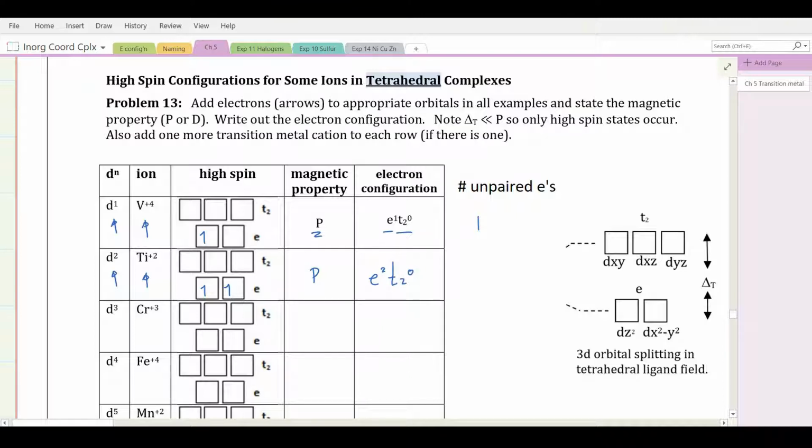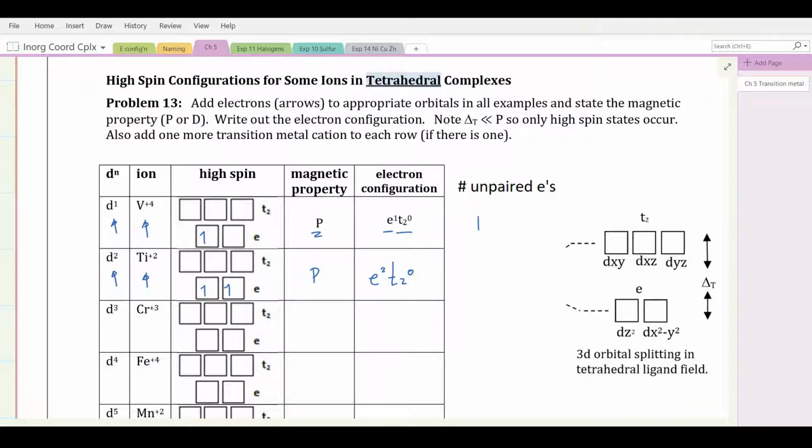Just keep in mind as you do this that all of the electron configurations are designated as high spin. The field splitting energy of a tetrahedral complex is so small that all of the d orbitals will be singly filled before any of them are forced to pair up.